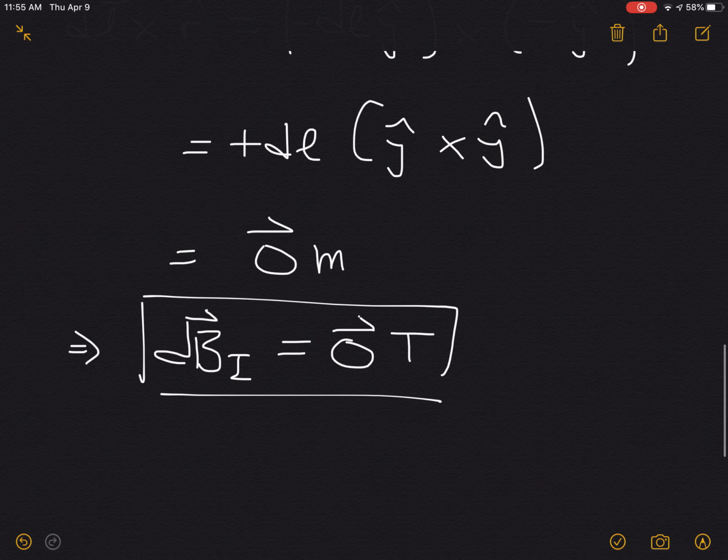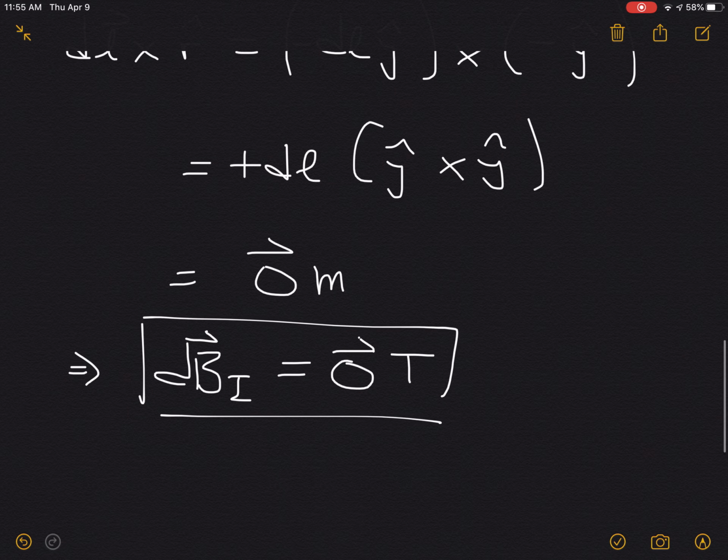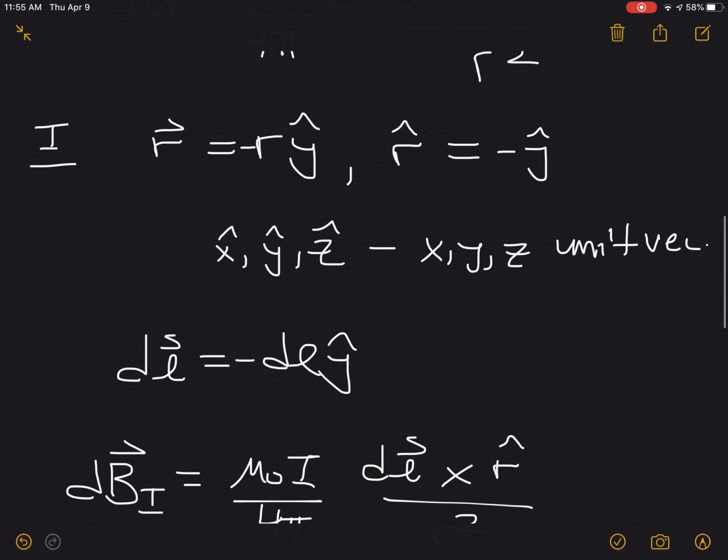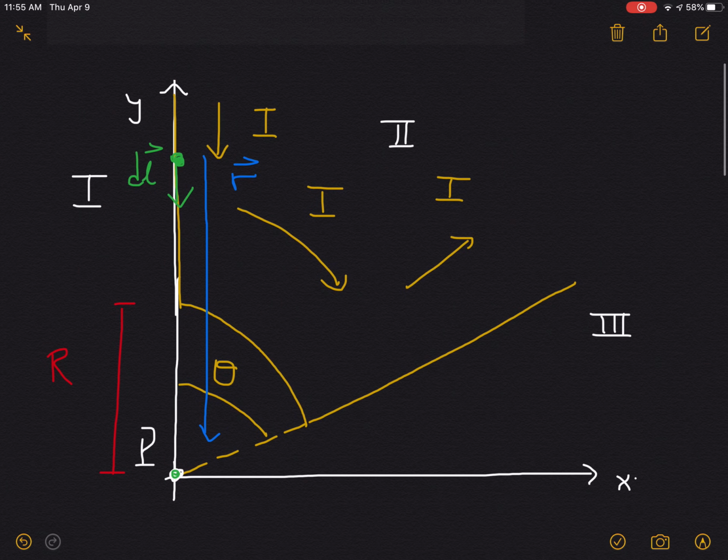Therefore, if you add up over all such little increments and they all give 0, then you get 0 magnetic field from the first contribution. Remember, the reason the first piece gave a vanishing result is because the r vector and dl are in the same exact direction.